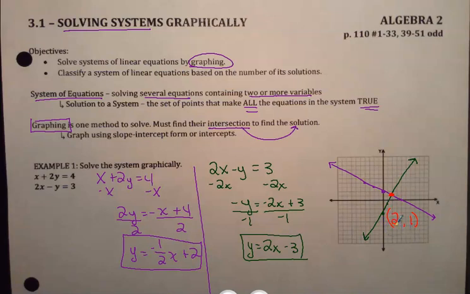That is my solution, so I'm going to write solution (2, 1). That's it. And I had to graph it to find that point of intersection. All right, awesome. Then let's go on to the next one.